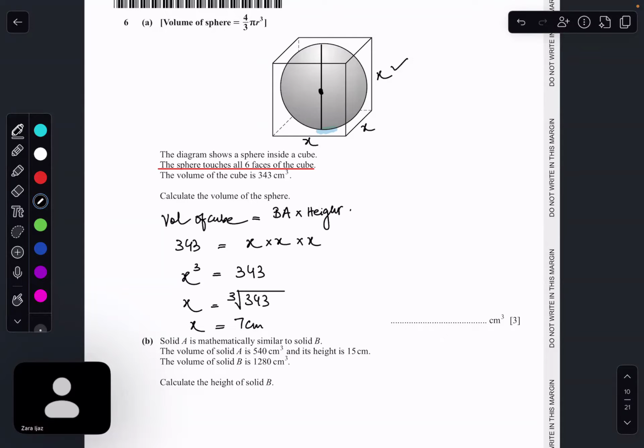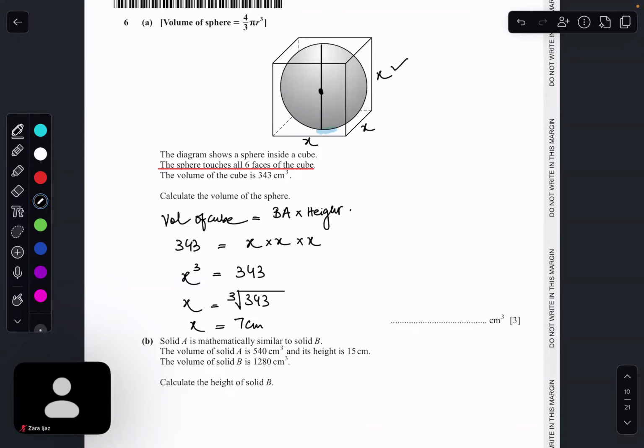But how can the statement be saying that the sphere touches all the 6 faces of the cube? Isn't it symmetrical? Then it's equal, right? Because it's touching all the 6 faces of the cube. It's not an uneven sphere.